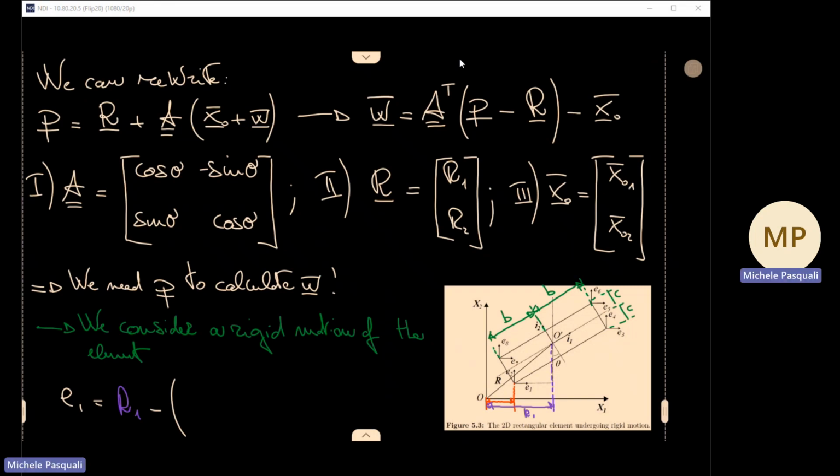Well, this quantity here is basically this quantity here times the cosine of this angle here, because this is theta, and this as well is theta.